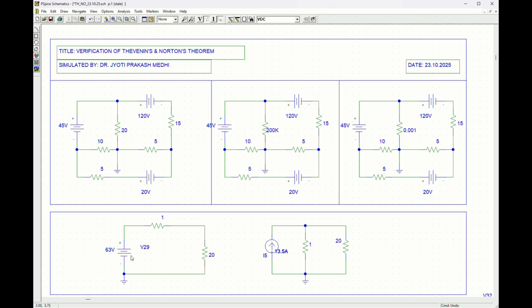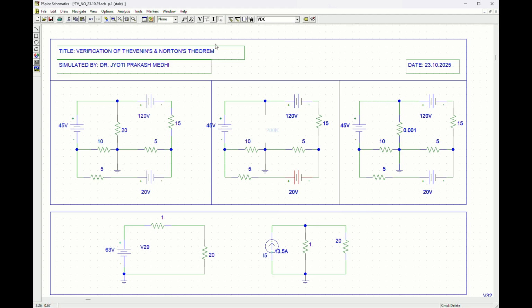Now that we already have VTH and ISC, we can determine RTH or RN. In theoretical calculation, we open circuit the RL and replace the sources by their internal resistances, so all will be short circuit, and then calculate the value.